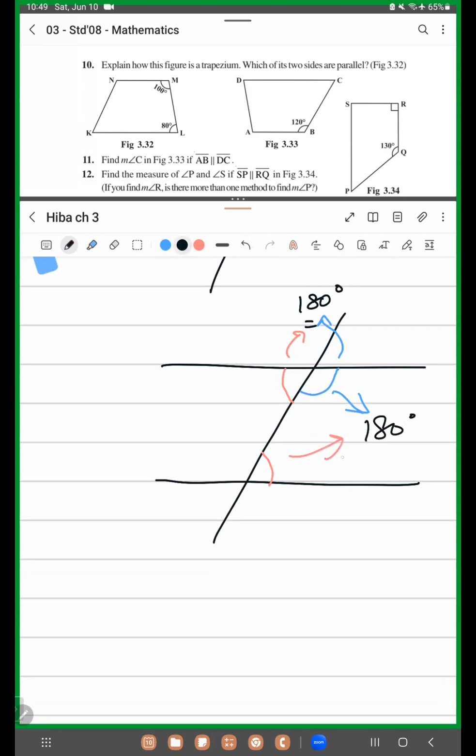They are supplementary. How? Because these two are a linear pair, and these two are equal because of alternate interior angles. Hence, these two are supplementary. Got it?